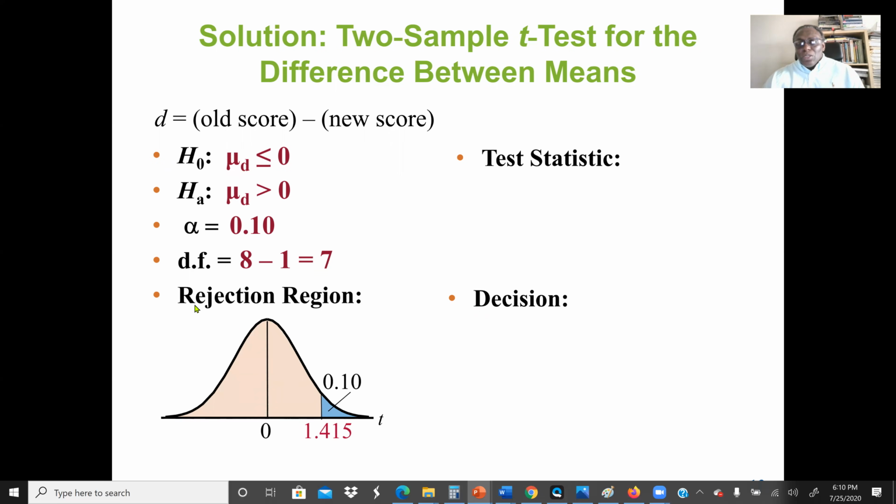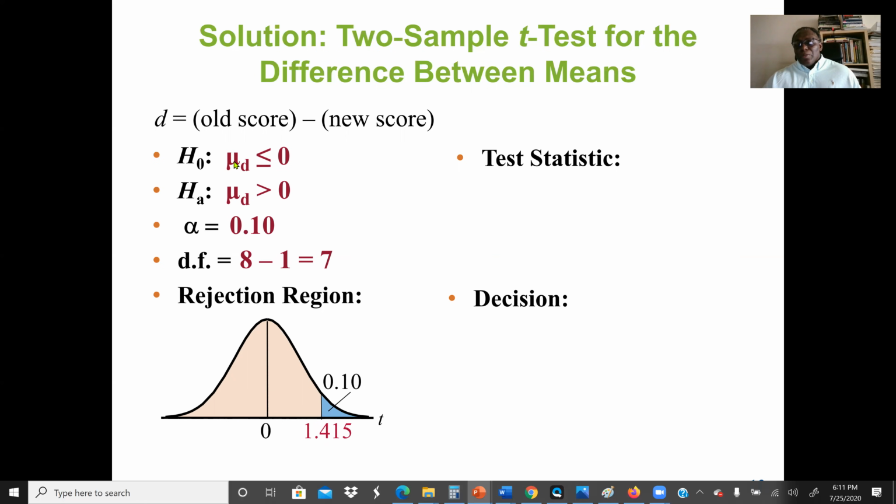When we get our rejection region, based on the alpha value of 0.10 and the degree of freedom, we get 1.415. And this is not two-tailed, because the claim was that the new golf club lowers the score. We reduce the score.